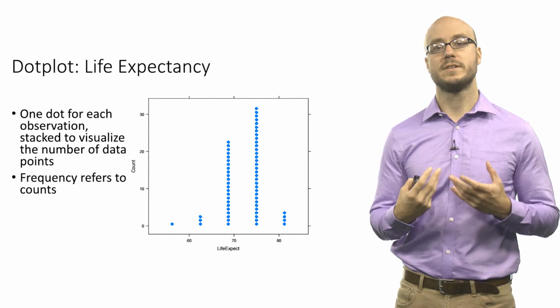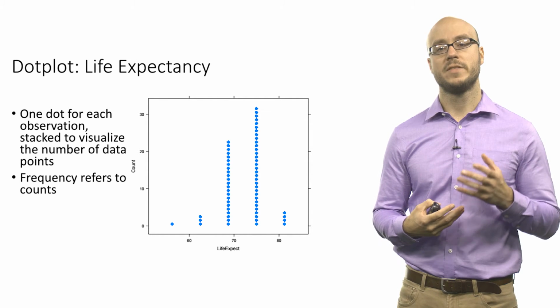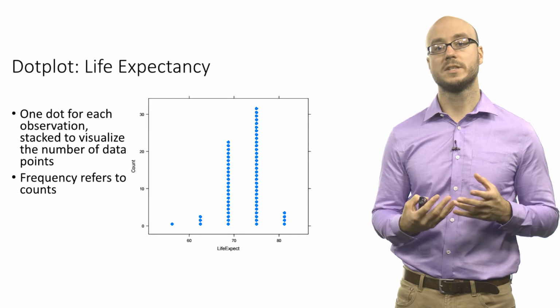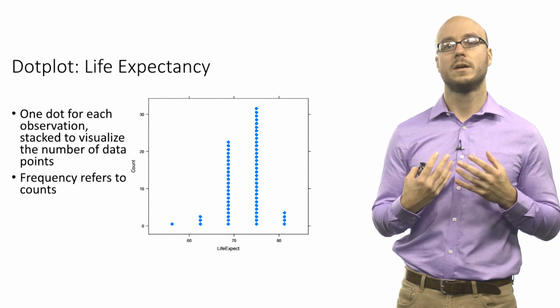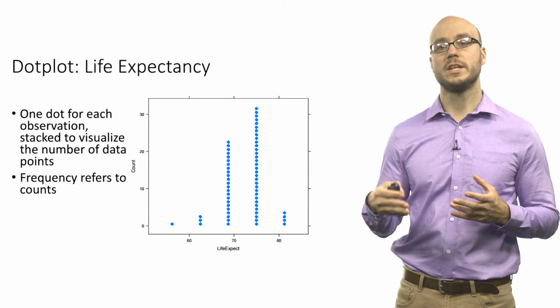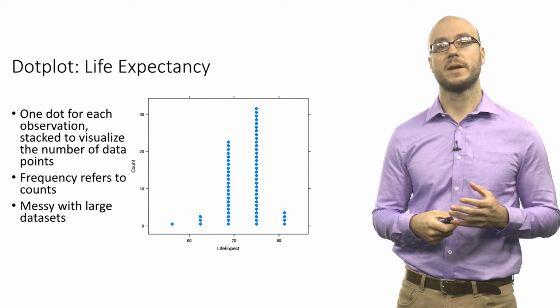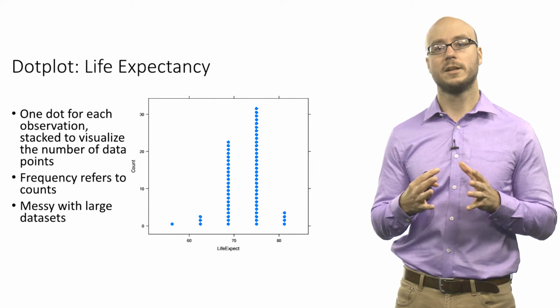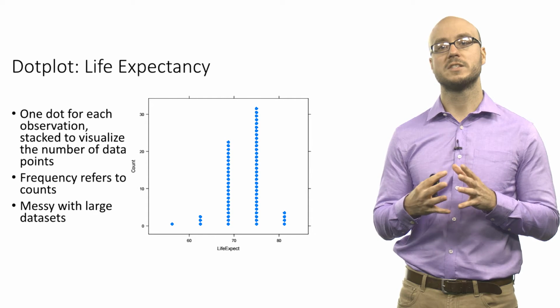Each dot is a different data point or observation. And then on the y-axis, on that vertical axis, we have the frequency, the number of observations or data points for each value of life expectancy.